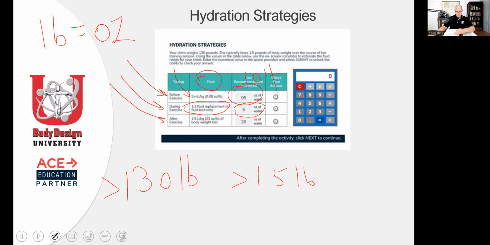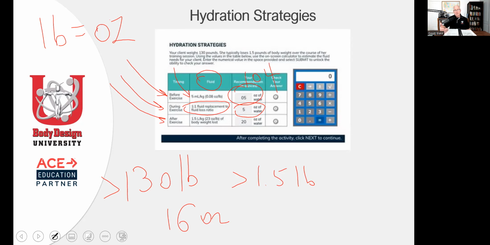How many ounces are in a pound? It's 16. I mean, we know this. I would hope you know this. If you don't, that's your number: 16 ounces in a pound. And that's my dog, by the way, right there, who's trying to get out. 16 ounces for every pound. There's your conversion.